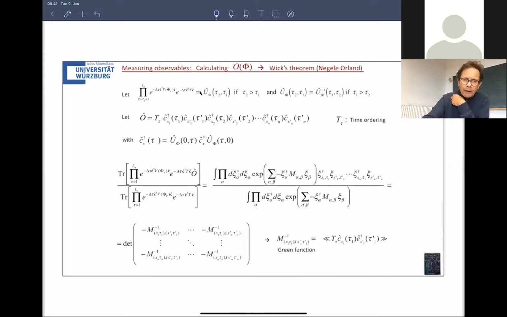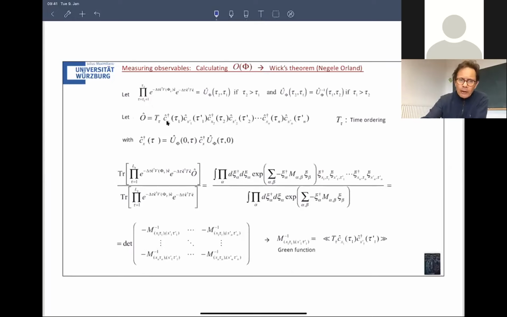Now, once I've defined my time evolution, then the operators I'm interested in can always be written in a time-ordered form. Time ordering means that the smallest times go to the right, and the biggest times to the left.